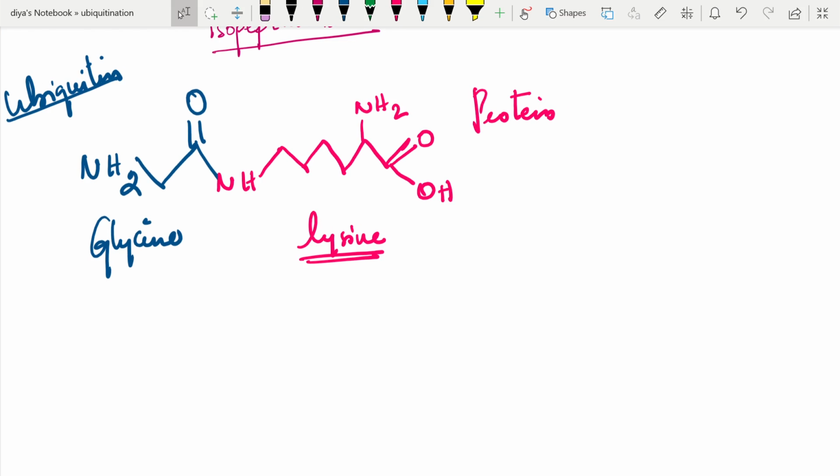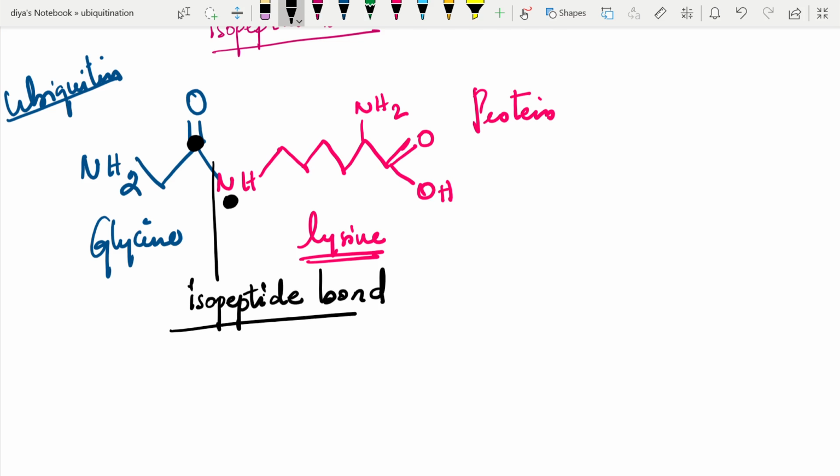This interaction involves the carboxyl C terminal of the glycine, that is a carboxylic group, and the N terminal of the lysine, bonded to each other by the isopeptide bond.